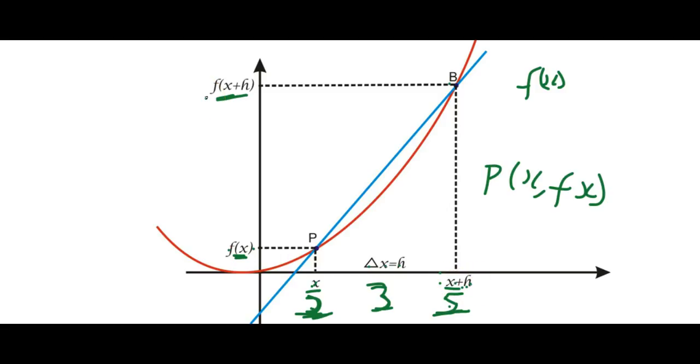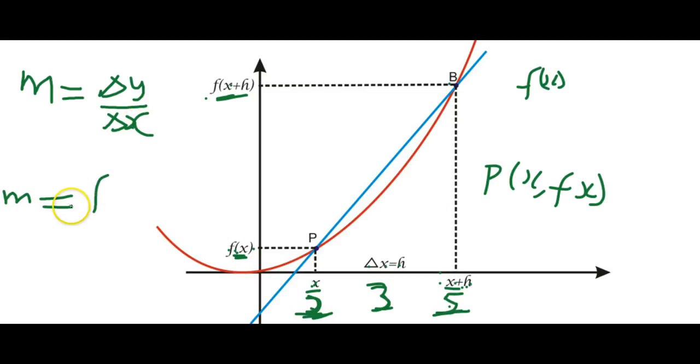Good. Now, we want to find the gradient of this line PB. It's not a tangent yet, but we want to find the gradient. And we know that to find the gradient, we say gradient m is equal to change in y on change in x. And change in y means we want to find the difference of y values. And that will give us f of x plus h minus f of x, because change in y means y2 minus y1.